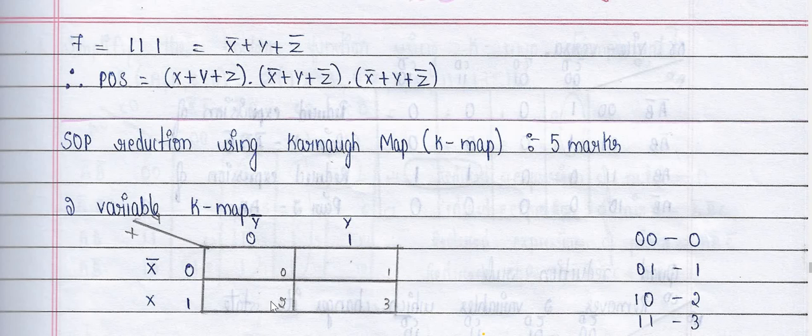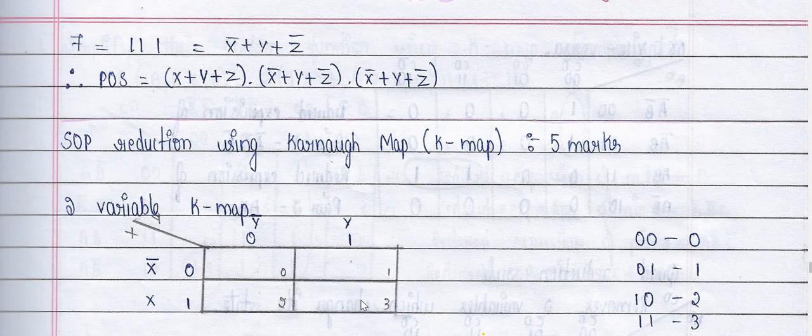Next column 2: left 1, top 0. 1, 0 is the representation of 2. 1, 1 is the representation of 3. See, left side 1, top side 1. So this column is 1, 1.